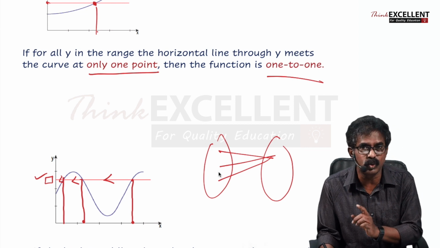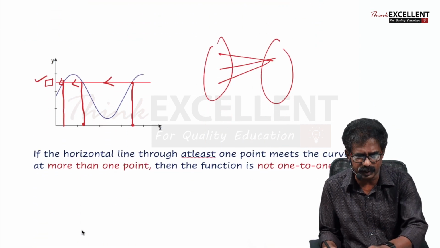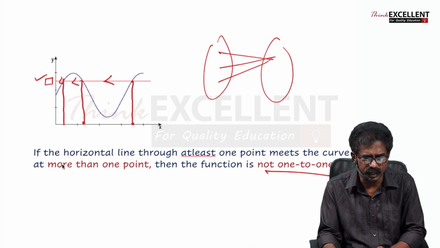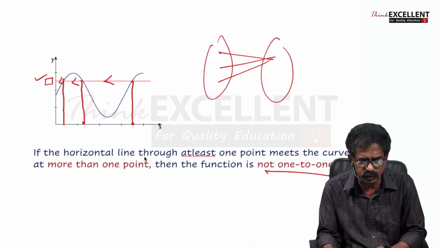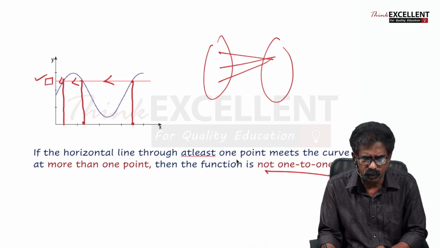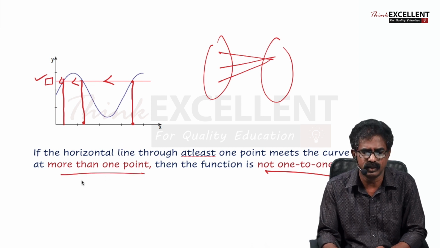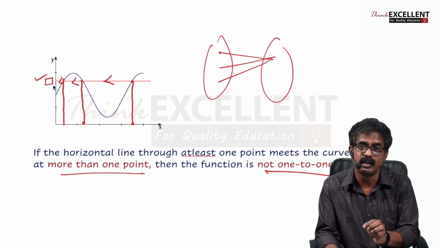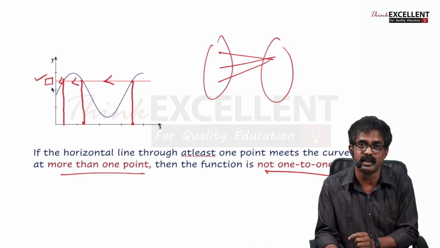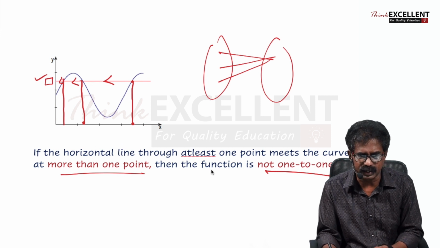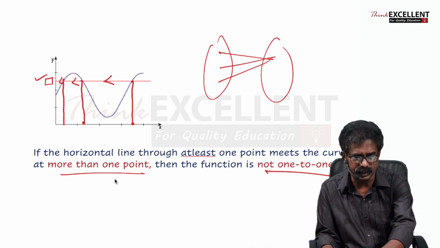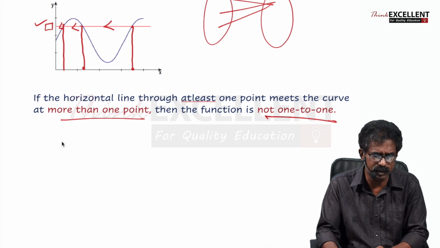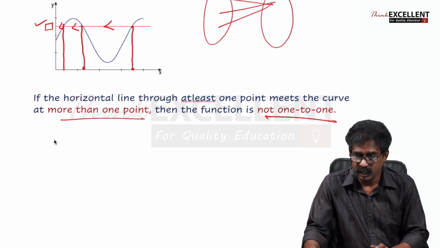Then it is not 1-1. It is what? Many-1. If the horizontal line through at least one point meets the curve at more than one point, then we say it is not 1-1. That means it is many-1. So these are some of the very important results.